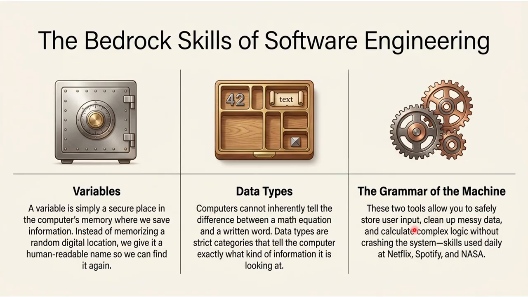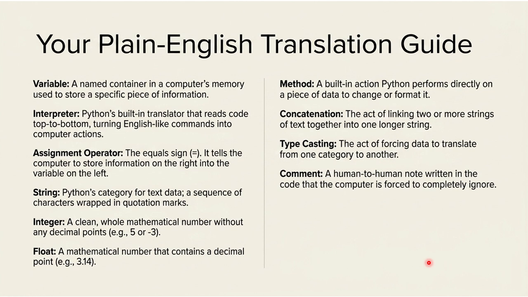You can clean it up, and then do complex calculations without crashing your systems. These are the tools used behind Netflix, Spotify, NASA and various research facilities, and also in our day-to-day tools like mobile phones and laptops. Now let's proceed ahead to the next slide.